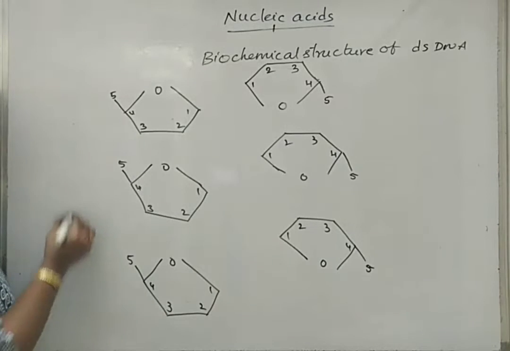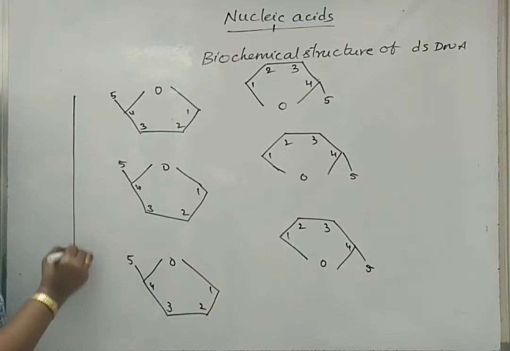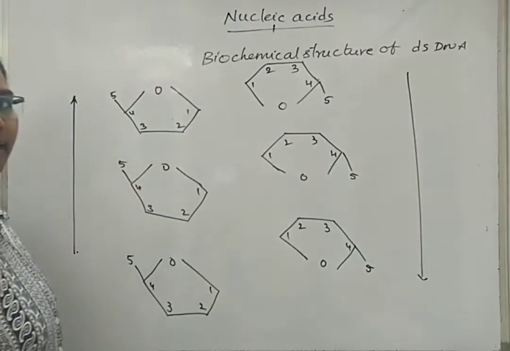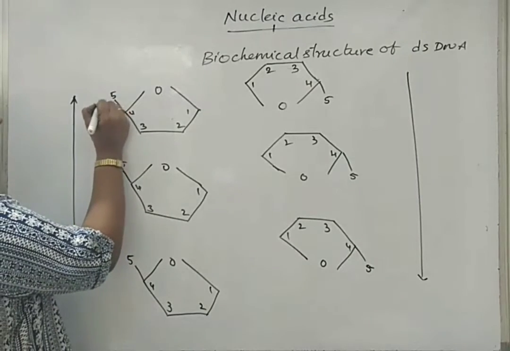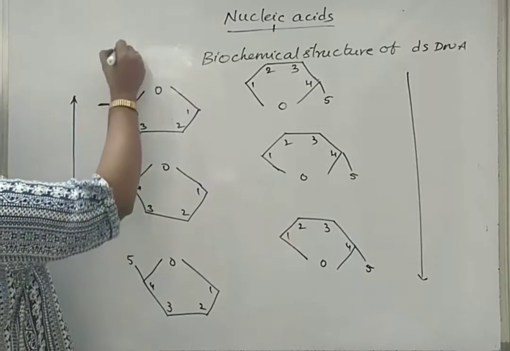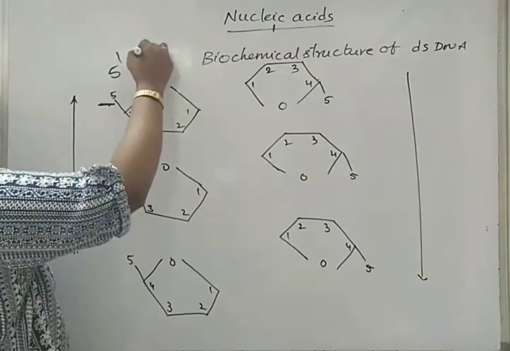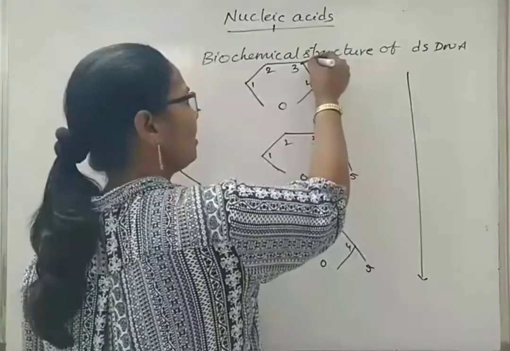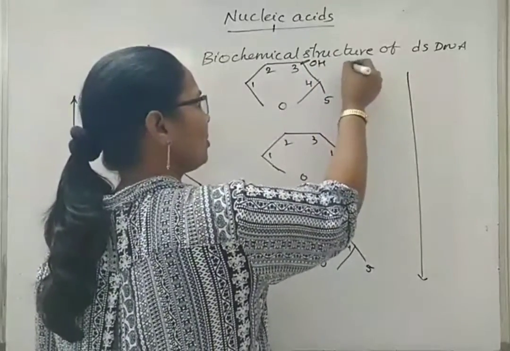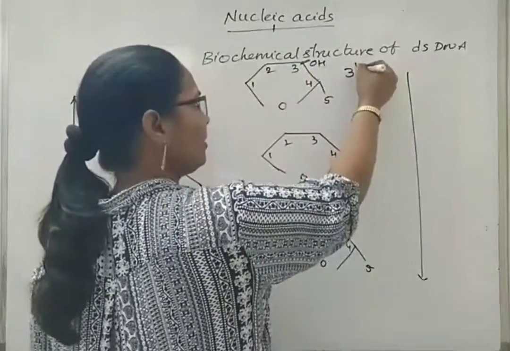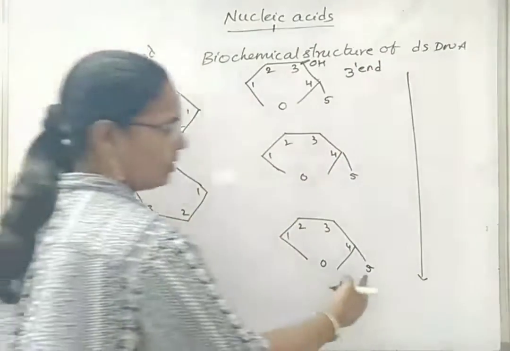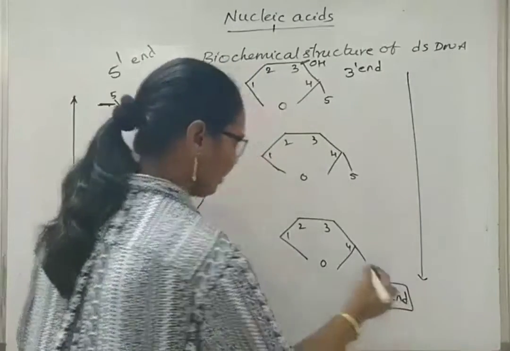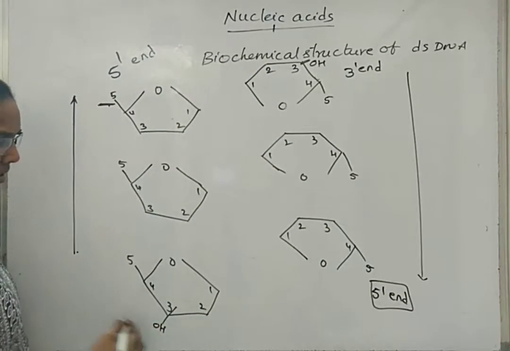This represents that this strand is moving upward. This strand is moving downward. Since here the end is the fifth carbon, we call this strand the 5' end. And complementary, this strand has the third carbon OH group, so this end of the strand is the 3' end. Here this is 5' again, and here this is 3' end again.